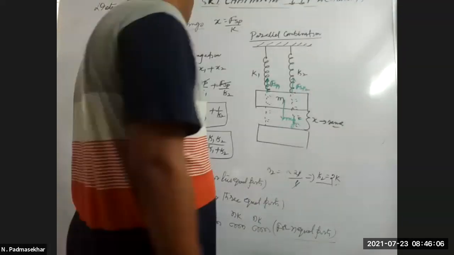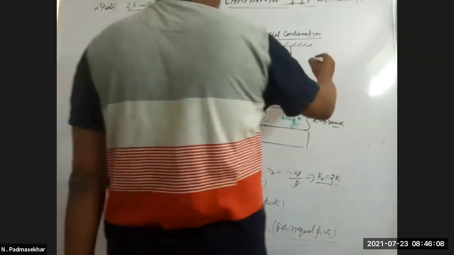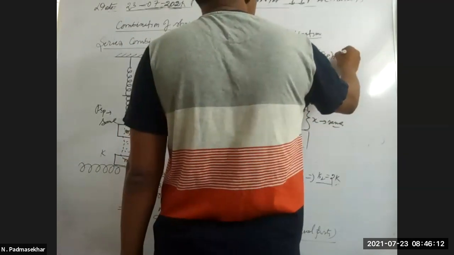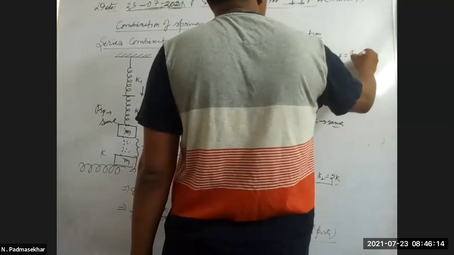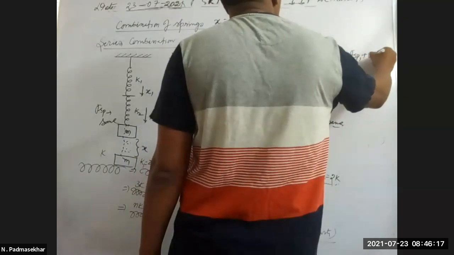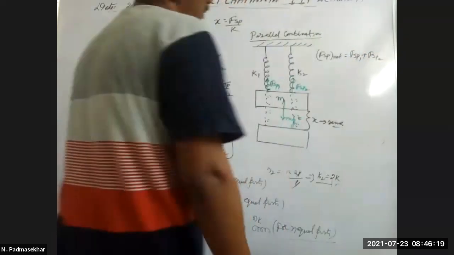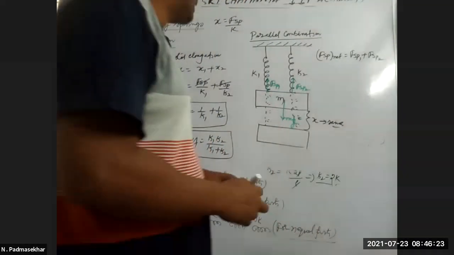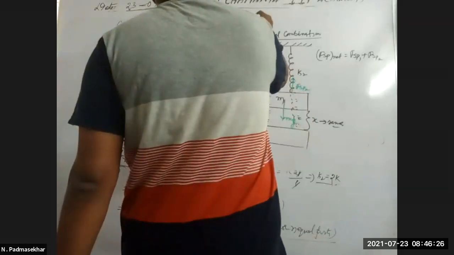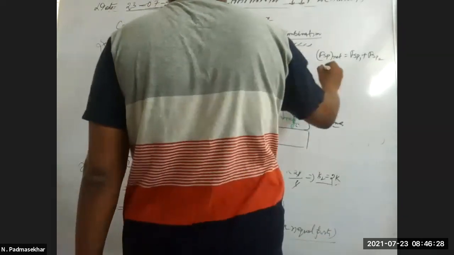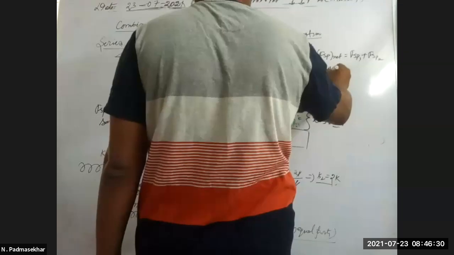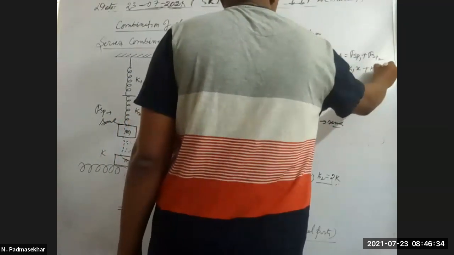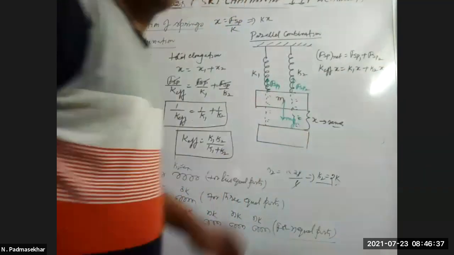If x is the same, here I can write FSP net is equal to FSP1 plus FSP2, the net spring force acting. But spring force is K into x. So K effective into x is equal to K1x plus K2x, because x is the same here.